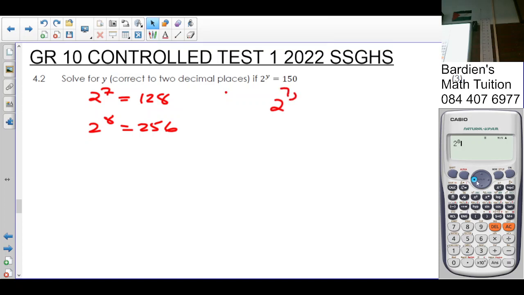So 7 comma 5 is 181, which is over. You go lower, 2 to the 7 comma 2 5.